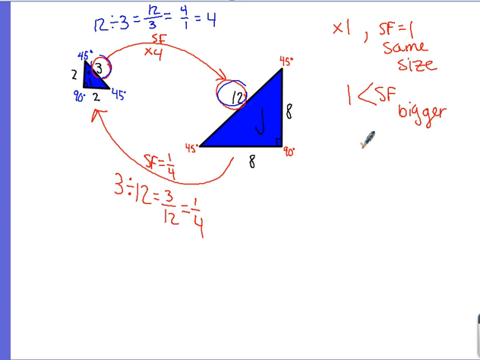If it has a scale factor that is less than 1, it will get smaller. So I could go back and look at the scale factors I just got and see that when the scale factor was 4, that was obviously our small shape to our big shape because the scale factor is greater than 1, meaning it's going to make it larger. When I look at this scale factor, I can see that 1/4 is less than 1, therefore I knew it would make our shape smaller.